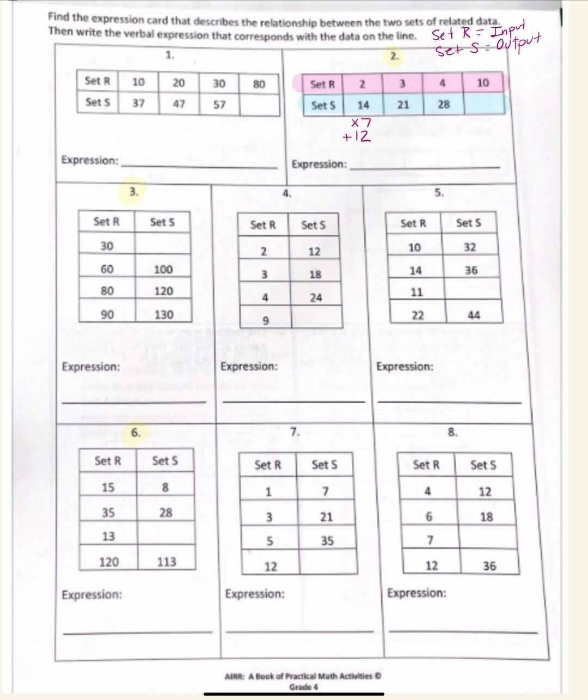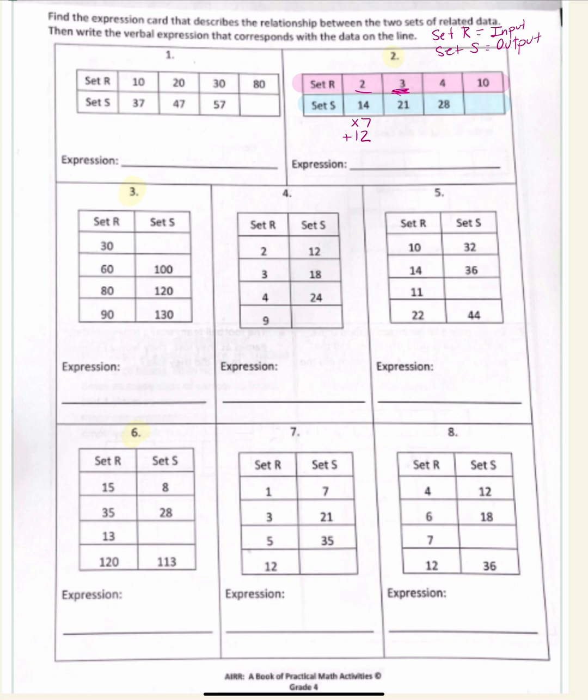So let's think. I'm not sure which one it is because both are technically doable in this input and output that we're looking at. So what we need to do is test it on our next one. We said we could either do 2 times 7 or 2 plus 12. So let's apply that rule to this one right here. Well, what is 3 times 7? 21.